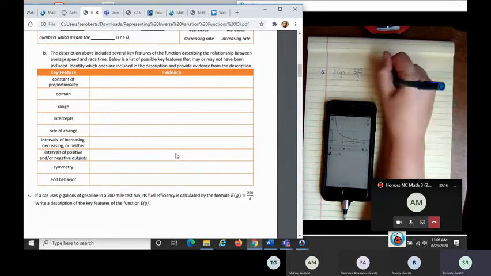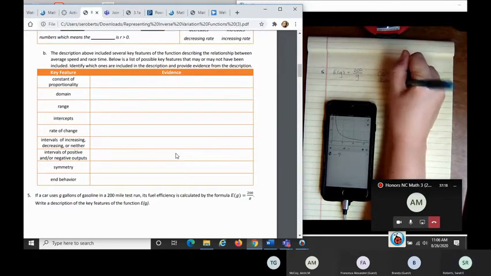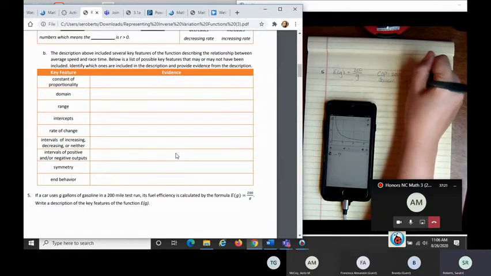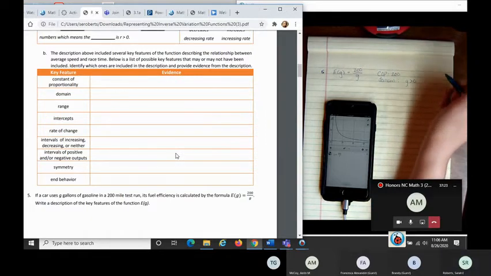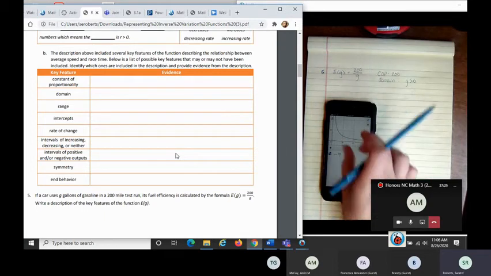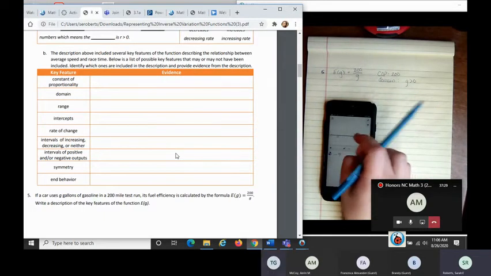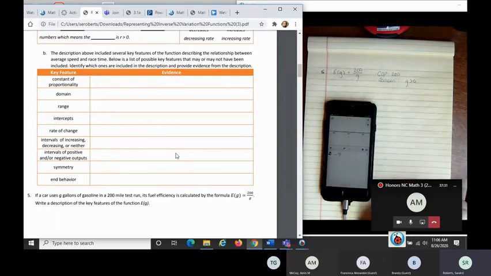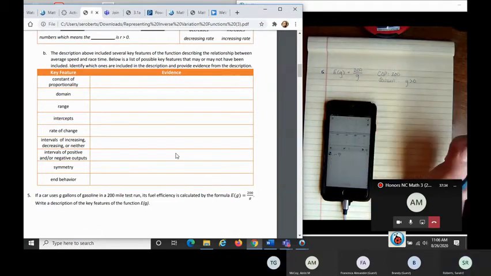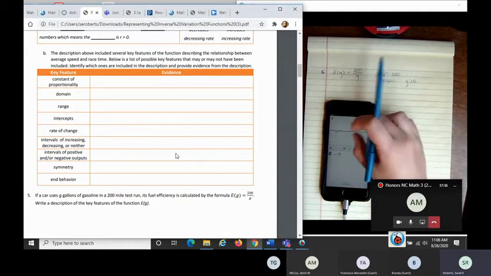So our domain is that G has to be greater than 0. Our range, is our range always positive? Like, is this always above the x-axis? It appears so. Okay.